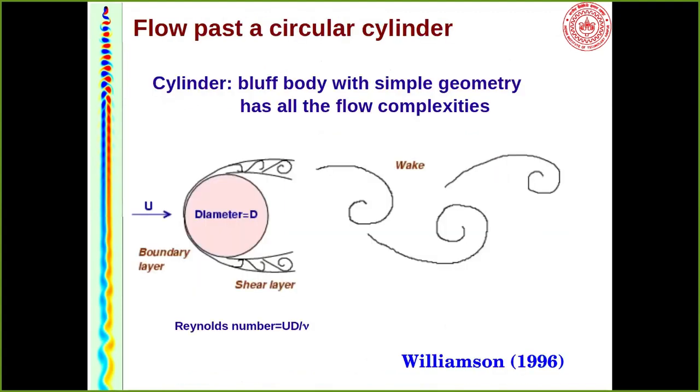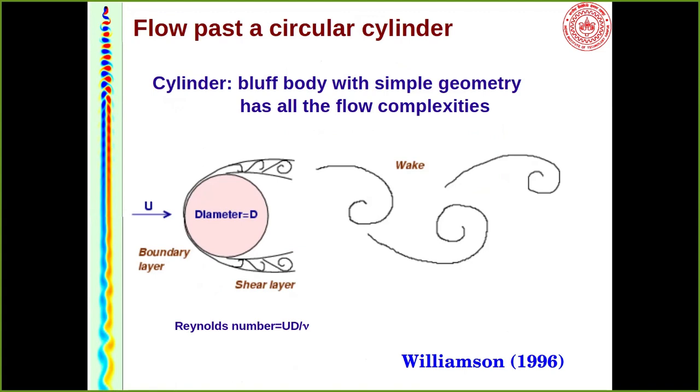So to do that, let me give you a brief account of this bluff body, the flow past the cylinder. We have to understand where all these instabilities are coming from, who is getting excited, what the spring is doing, and so on. Broadly speaking, if you look at flow past the cylinder, as I have shown in this cartoon, done very well by Professor Williamson, he says that there are three possible instabilities.